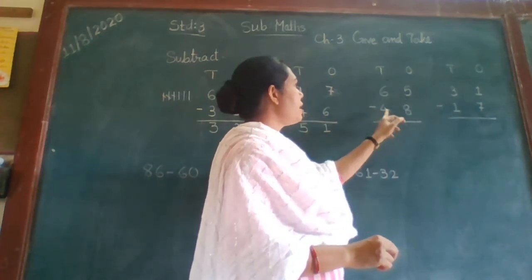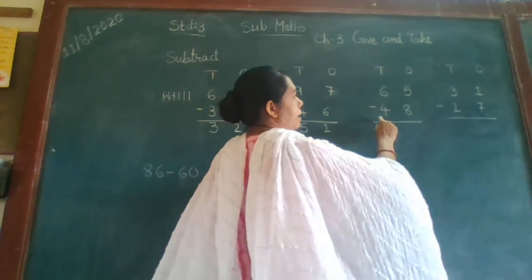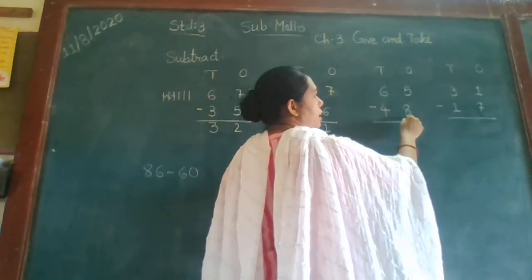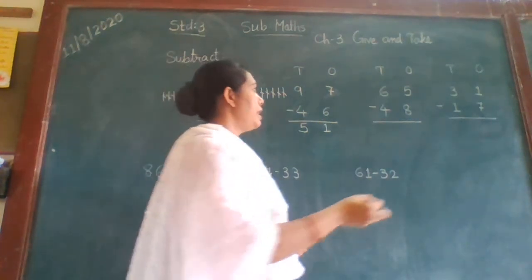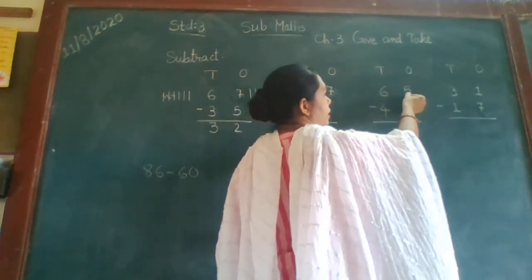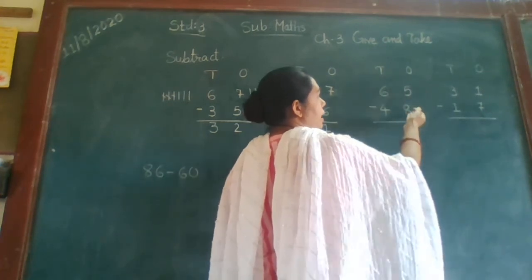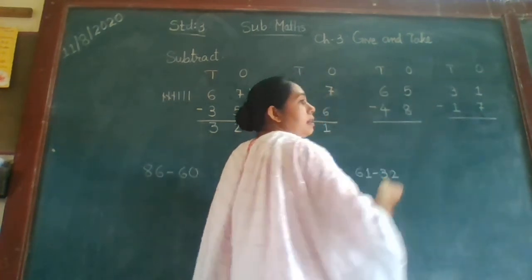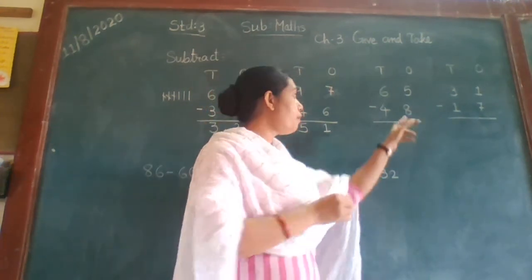65 minus 48. So in the second number, 8 is on the ones place. And in the first number, what is on the ones place? 5. See, 5 minus 8. The upper number is smaller. So can we cut 8 from 5?